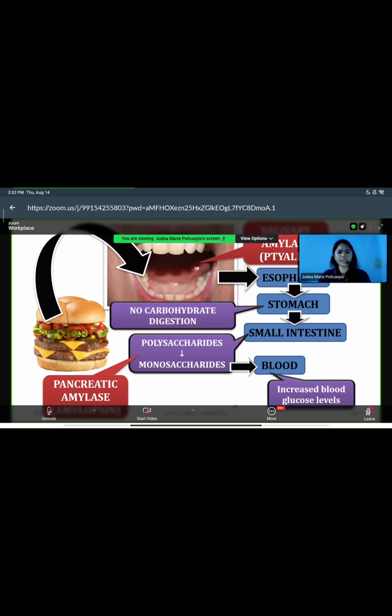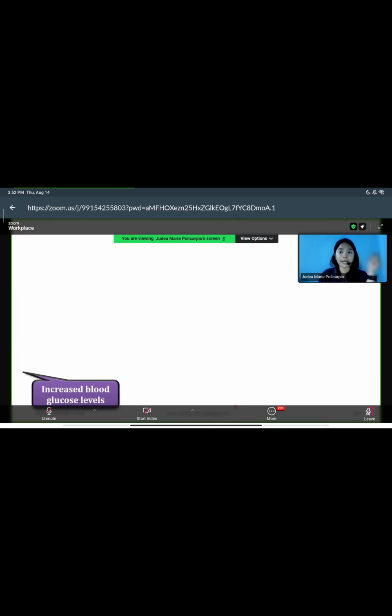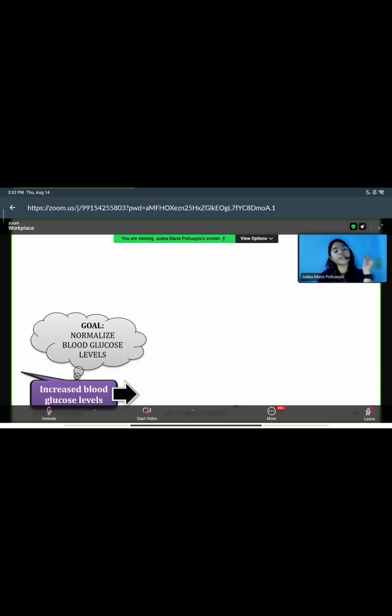Bakit? Normally, ano bang ginagawa ng katawan natin pag nakita niyang, uy, ang taas ng sugar nito? Dapat ma-activate si pancreas. Okay, anong gagawin ng pancreas natin? Pag nakita ni pancreas na, uy, mataas ang glucose natin in the blood, sabihin ni pancreas, aba, hindi tama to. Kailangan ibalik natin sa normal yung glucose natin. So, ano gagawin ngayon ng pancreas natin? Magpo-produce siya ngayon ng hormone na makakapagpababa nung mataas nating glucose.